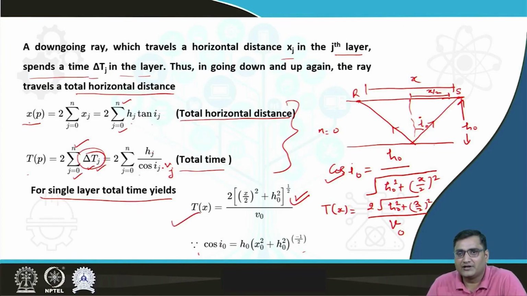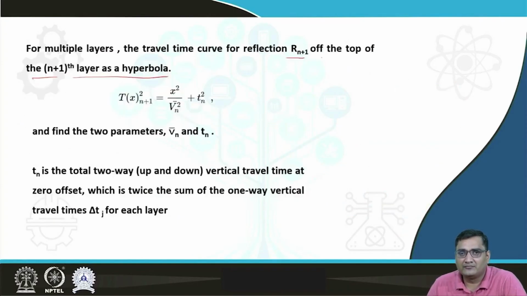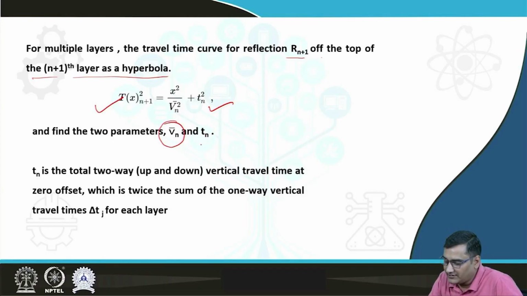The formula will be like this: Tx square for n plus 1 is equal to x square by v dash n square plus Tn square, where v dash n is a little tricky to find out, as we need some complex calculations to find this velocity, that is the average velocity of the ray traveling from the n equal to 0 layer to the top of the n plus 1th layer, and Tn is the total time.